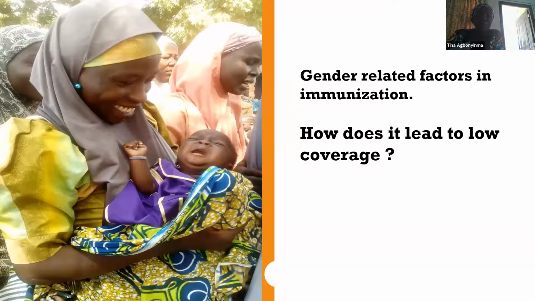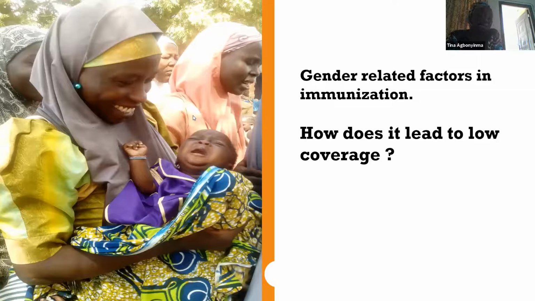Okay. So the question and reflection is gender-related factors in immunization. How does it lead to low coverage? So this is the question that should come to our mind.